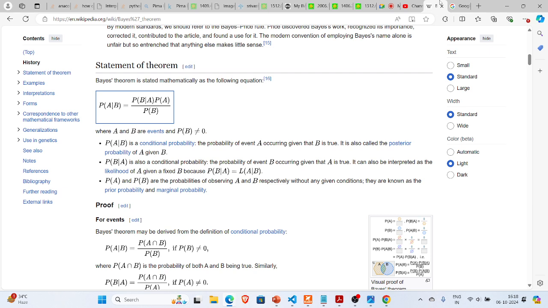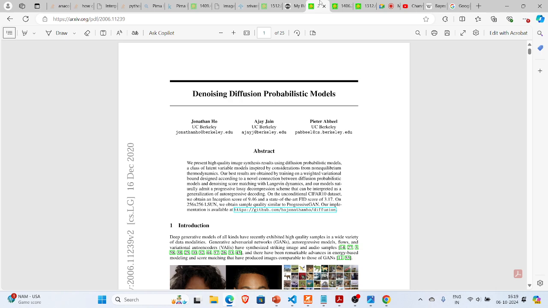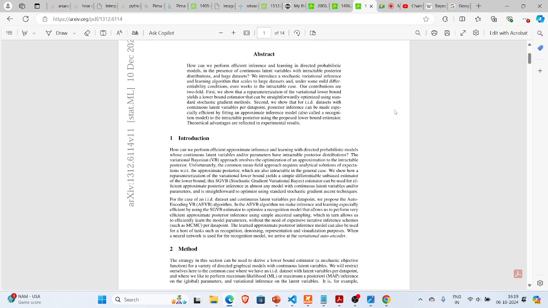So this is called the prior, and this is the likelihood P(B given A), and P(B) is the evidence. This is the first thing.